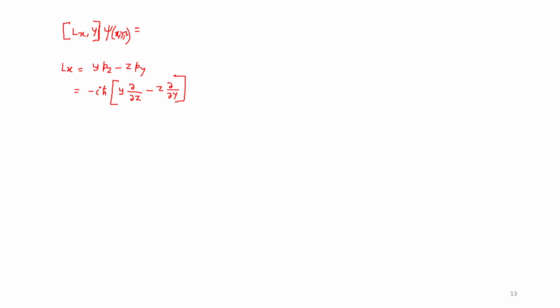So that means we have the commutator between minus i h cut (y del by del z minus z del by del y) and y, over psi.